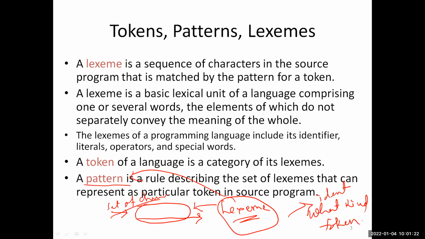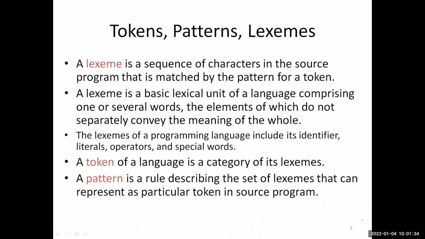Whether we have found an identifier, or a keyword, or an operator, and so on. I hope you have all understood the purpose of these three words. A lexeme is any sequence of characters from the source program, and this lexeme is matched with the pattern or the rules.